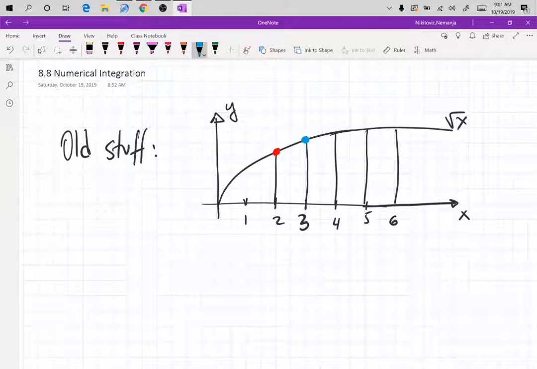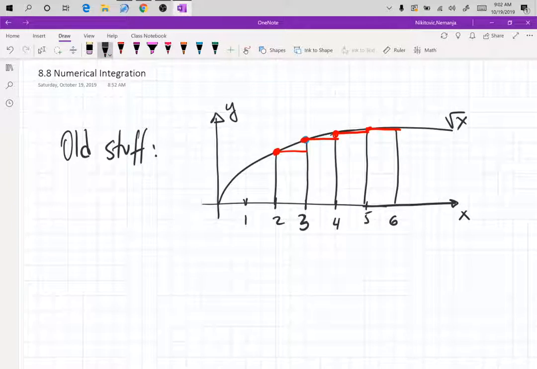So should we do left or right? Left, okay. So that's going to be this red. If we're going to do the left, we're going to go to the left corner and just draw these flat rectangles. That creates error because the area we calculate is going to be less than what the actual area is.